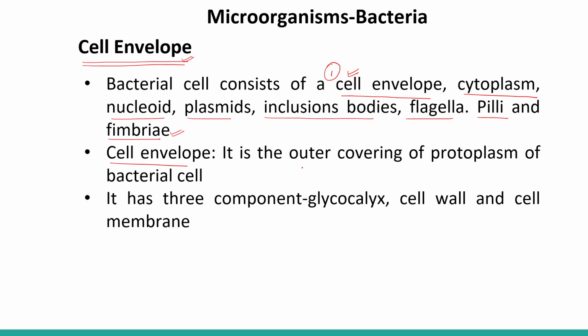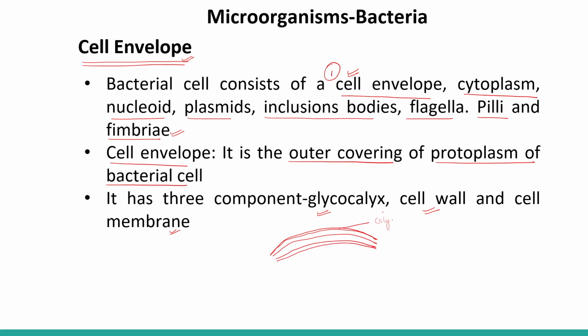The cell envelope is the outer covering of the protoplasm of the bacterial cell, and it has three components: glycocalyx, cell wall, and cell membrane. If we see the outer structure of the bacterial cell, we have a layer called glycocalyx. Then comes the cell wall, and then the unit membrane, that is the plasma membrane.